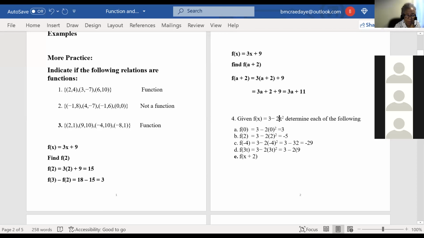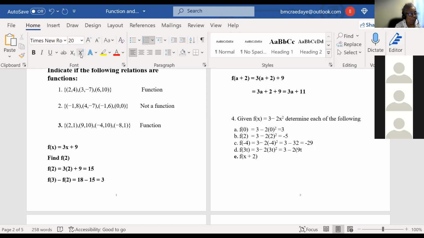Let me copy this here. Yep, 9 t, and let's put the square there.